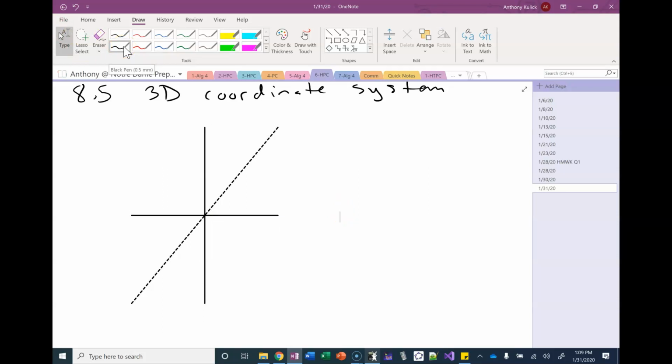It has an x, y, and a z axis. The way that you want to visualize this is the solid lines are in the same plane as your paper, and the dashed line is like sticking out right in front of you and then directly behind, into the paper and out of the paper. Is that okay?